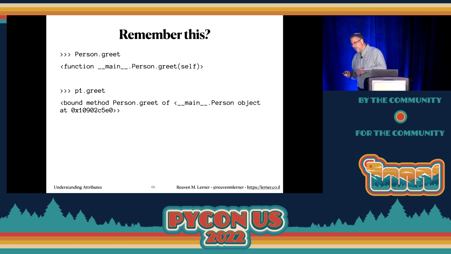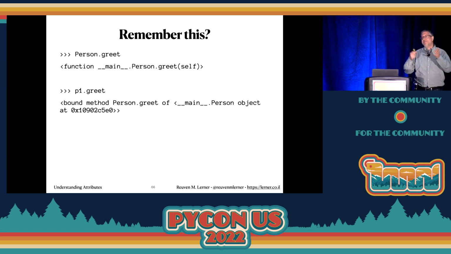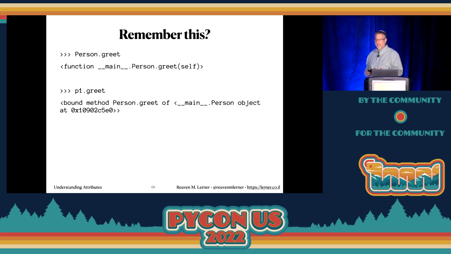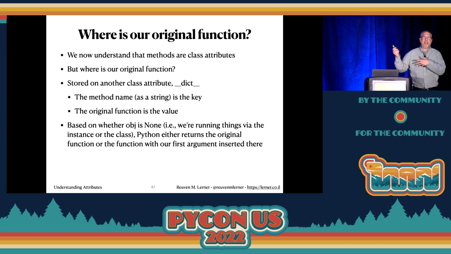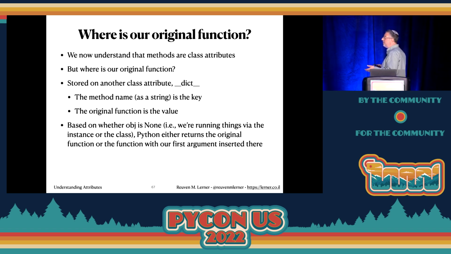Wait a second. What did it do with our original function? It's very nice and all to say, oh, I defined my method, and it was replaced with this descriptor magic. But where is my original method greet? And the answer is that it's put on another class attribute. It's sort of moved around to dunder dict. And so the method name there is the key, and the original function is the value.